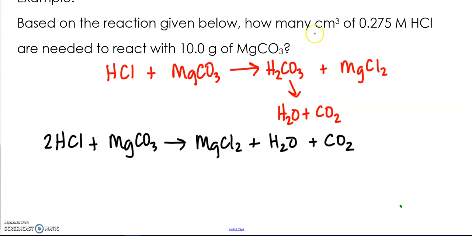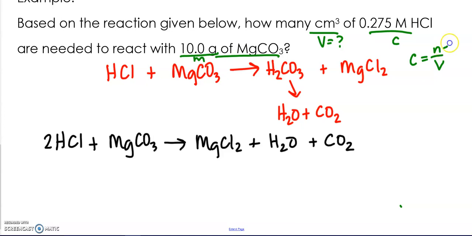All right, so then now I can look at what it's asking and what I'm looking for. So how many centimeters cubed? So we're looking for a volume. We've got a concentration of HCl, and we've got a mass of magnesium carbonate. All right, so if I have concentration, right? Concentration is moles over volume. I need to find moles in order for that equation to work.